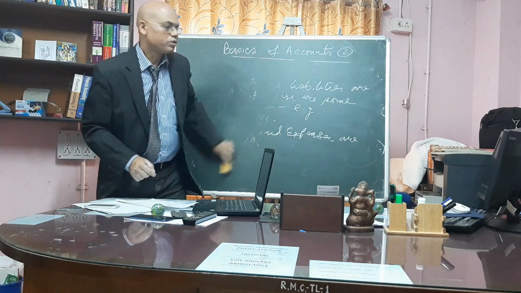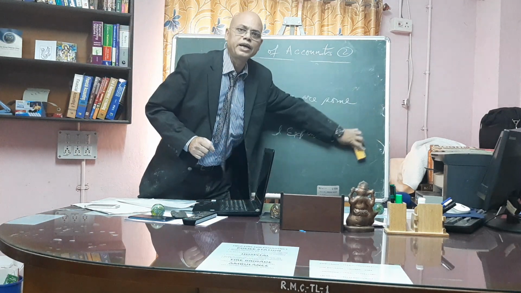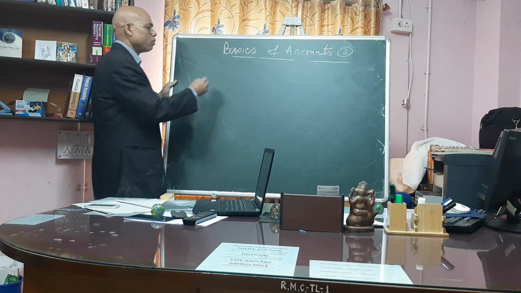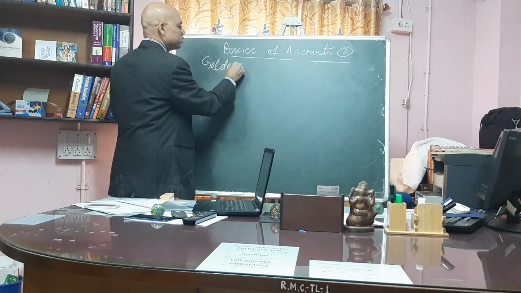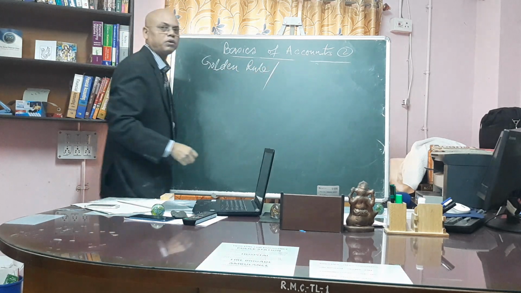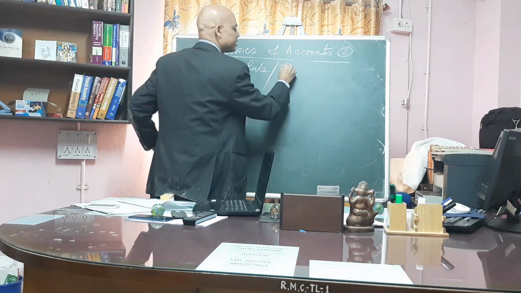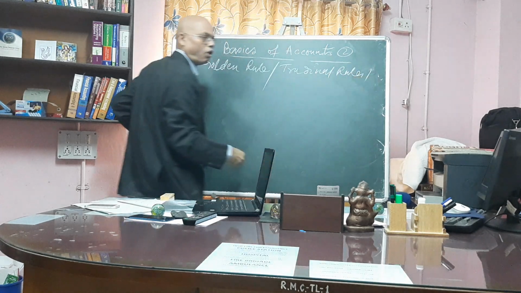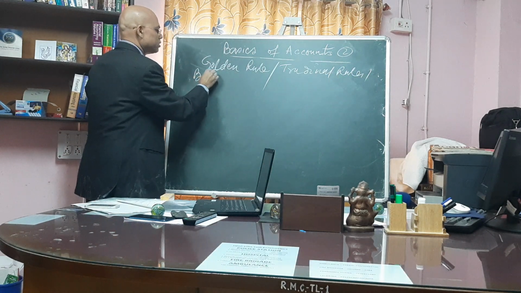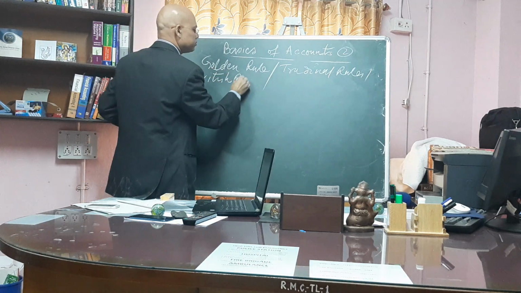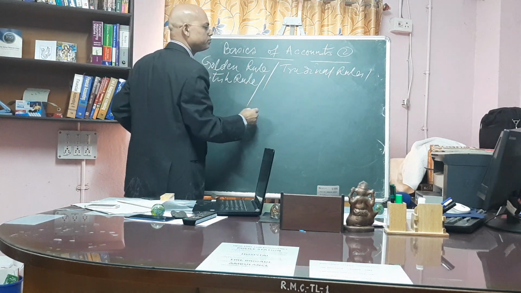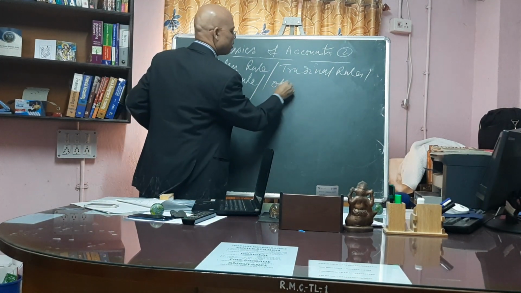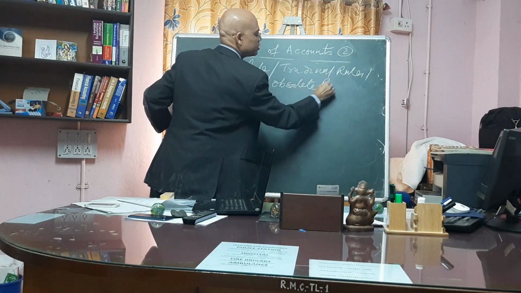Now I am coming to the point that how the journal entries are passed. With the help of golden rule, or it is called traditional rules, or it is called British rule, or it is called obsolete rule.